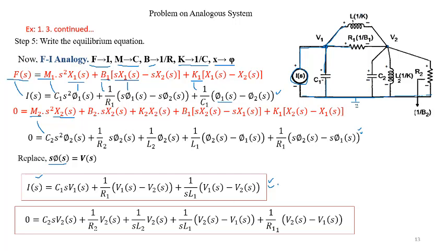Next, after finishing this one, we go to the second, that is the bottom equation, this one. For this, the source at this node will be 0. The input here will be 0. But here what we have, C2 and 1 by R2 and 1 by L2, these are in parallel. So first from here we draw one line, that is C2, 1 by C2. Then we have the next element, that is inductance, so that is L2.